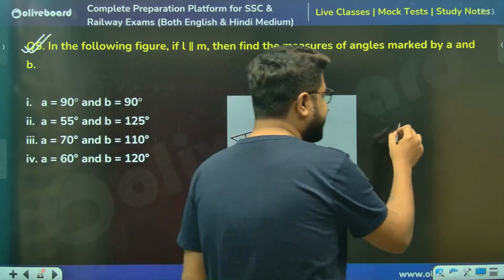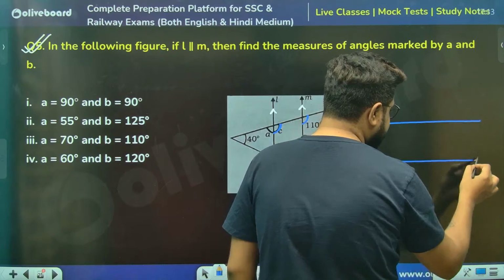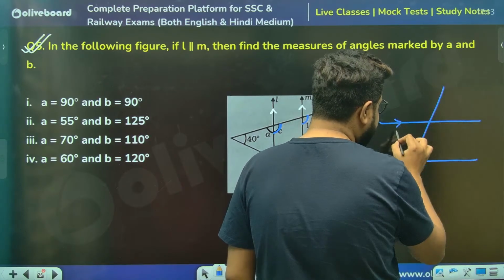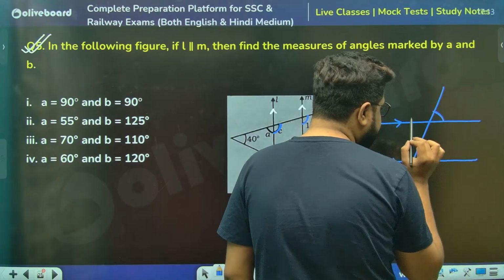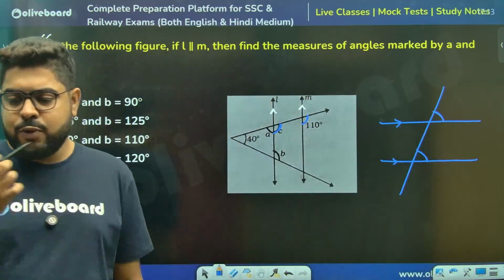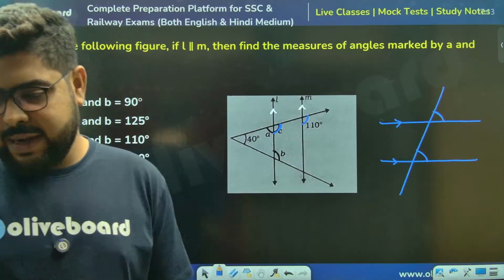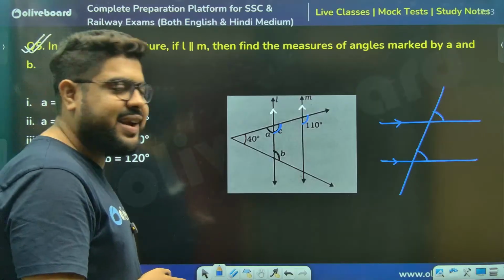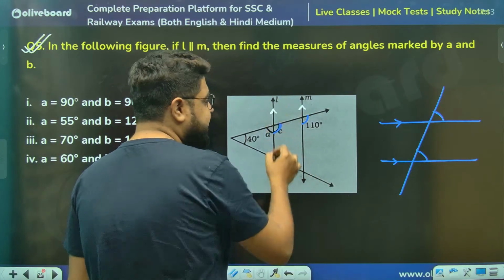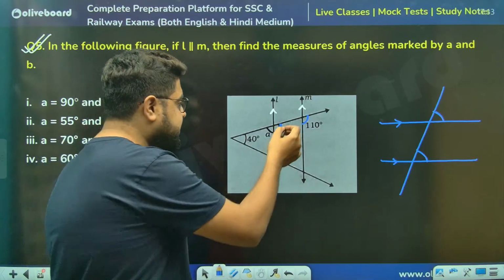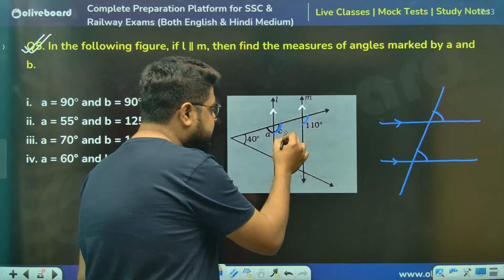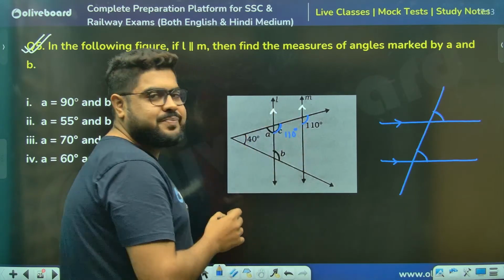Yesterday we understood one simple concept: if these two lines are parallel and this is the transversal, this angle is always equal to this angle. We have already done the proofs and everything. So you'll say, sir, if this is 110 degrees, this must also be 110 degrees.